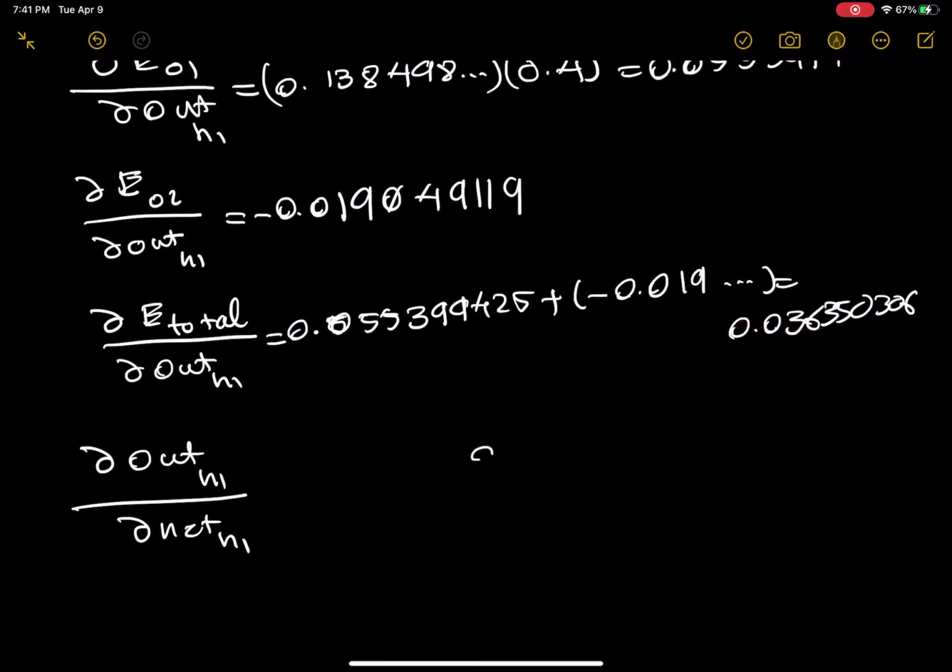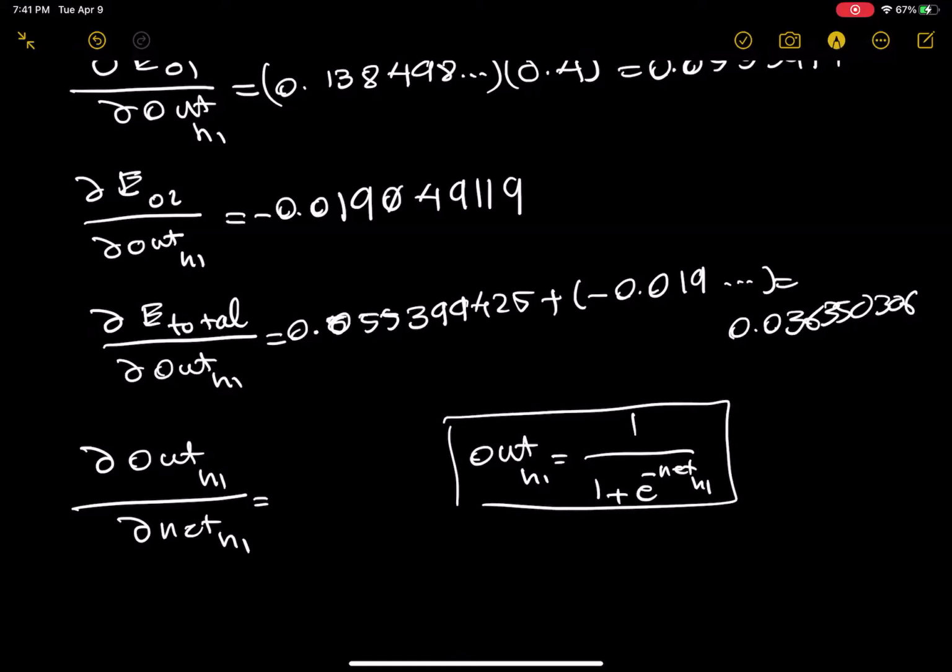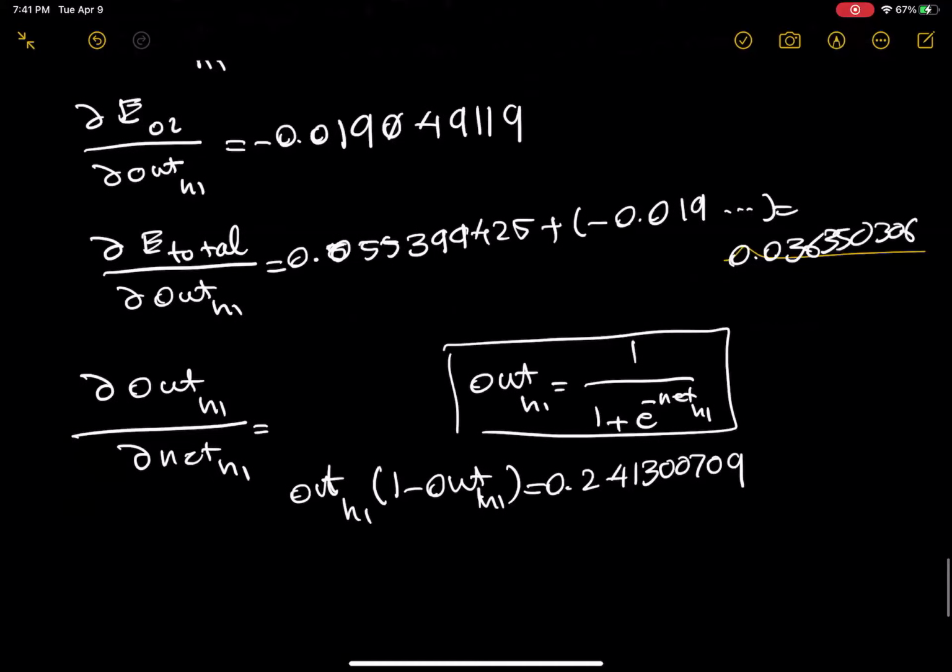Out of H1 is equal to 1 divided by 1 plus e to the negative net of H1. In terms of the derivative, this would give you out of H1 times 1 minus out of H1. Once again, if you plug the numbers, we already have those values. It would give you 0.241300709. Okay, so that's easy to do.